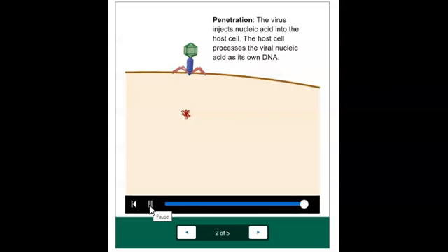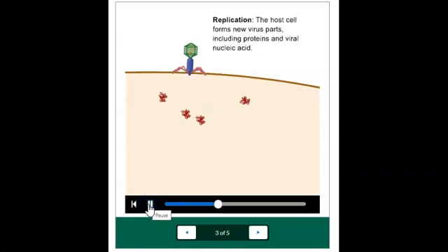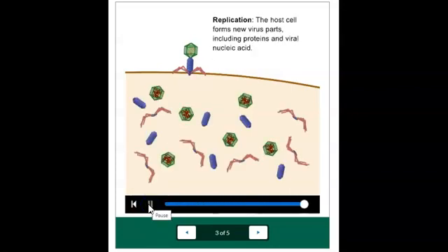And the host cell processes the viral nucleic acid as its own DNA. So the virus tricks the host cell into thinking that this is its own DNA, when really it's DNA from the virus. And then the host cell forms new virus parts, including proteins and viral nucleic acids. So the virus tricked the cell into making new virus parts.